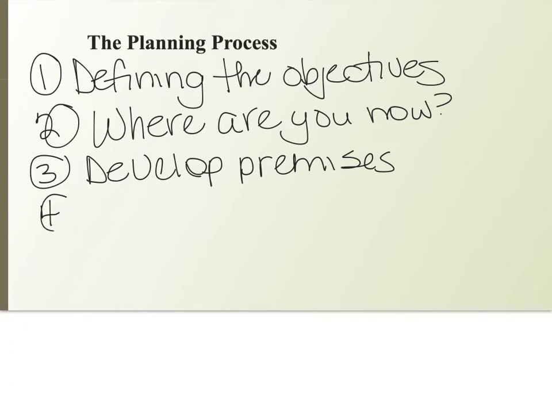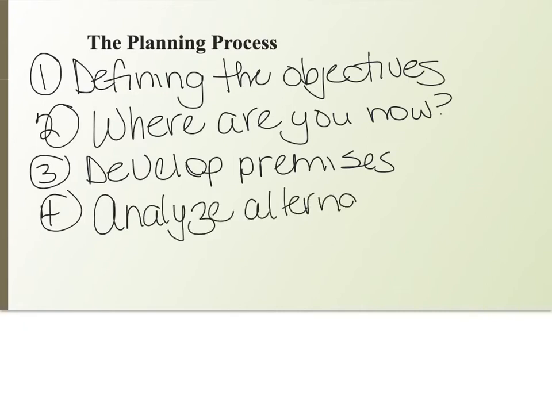In step 4, you have to analyze the alternatives, and then make a plan. List and evaluate possible actions and then choose the alternative most likely to accomplish your objectives. Describe what must be done and follow the best course of action.